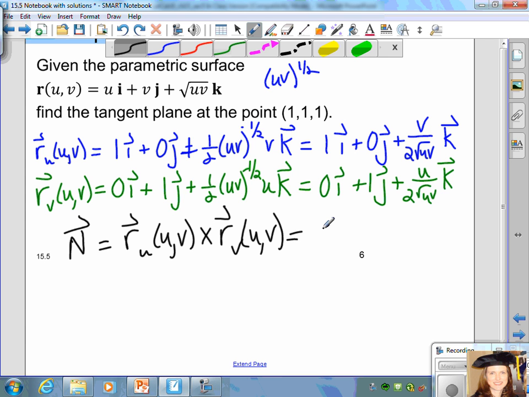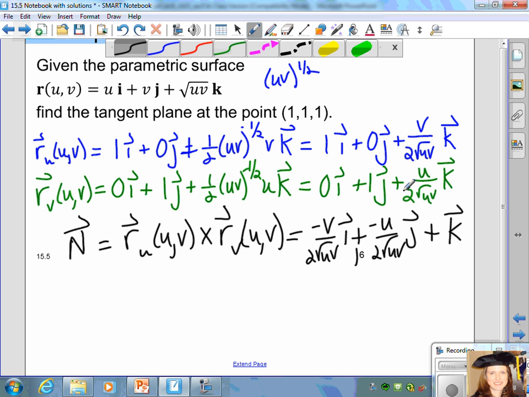And you will get negative v over 2 square root of uv i, plus negative u over 2 square root of uv j, plus k. And you can work that out by expansion by minors, finding r_u crossed with r_v.